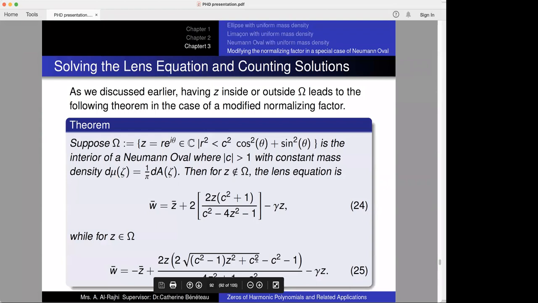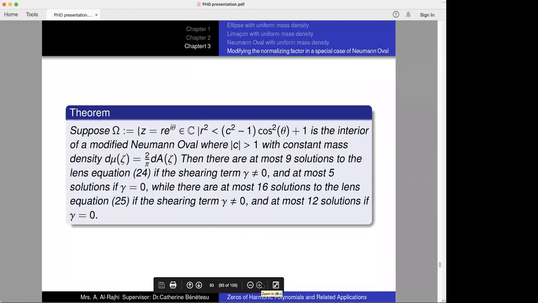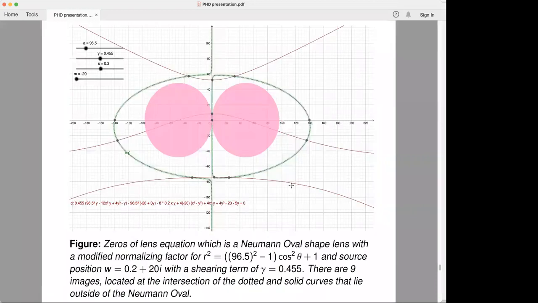And for number 25, it was z̄ plus something. Now it's minus z̄ plus this thing, and we deal with it as previously. So, as we said, we have 9 solutions outside when the shear term is not 0, and 5 images when the shear term is 0, while there are at most 16 solutions to the lens equation if the shear term is not 0, and 12 if it's 0.